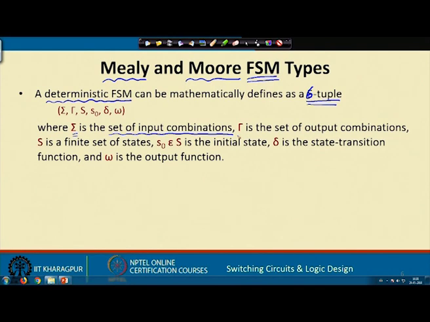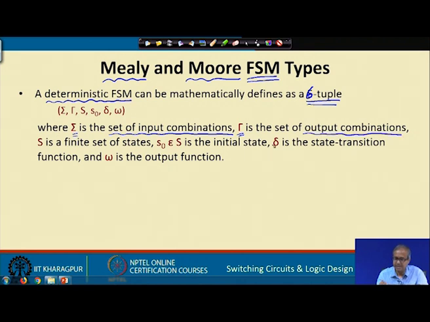Similarly, gamma is the set of output combinations. In the same way, if there are 4 output lines, there can be 16 possible output combinations, 2 to the power 4. That is gamma, the set of all possible output combinations.